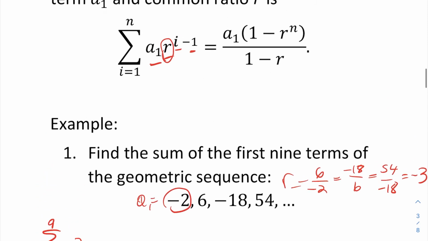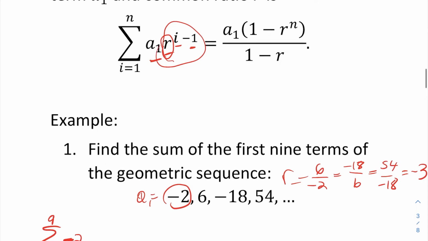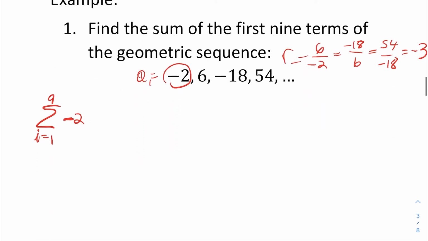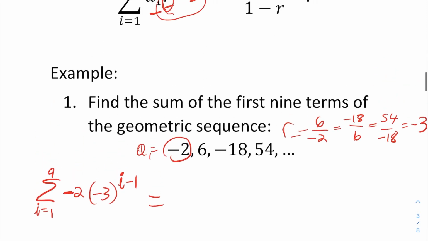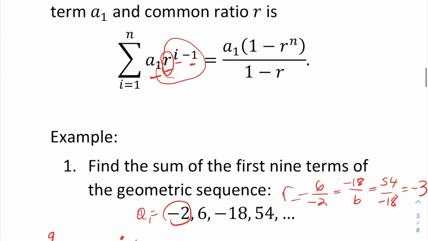So then this factor is just going to be negative 3 to the power of i minus 1. If you were to add up all those 9 terms described by that summation, you just get this expression. You wouldn't actually have to add all 9 terms.